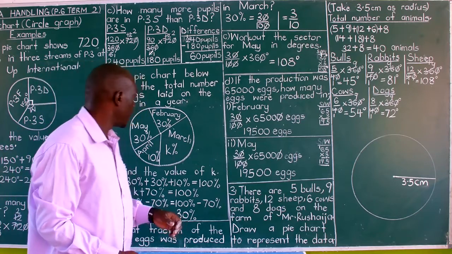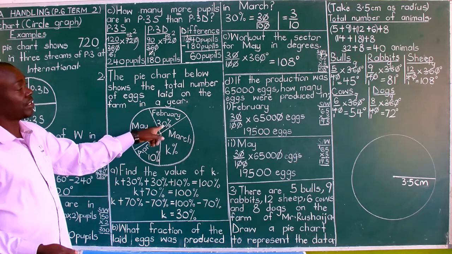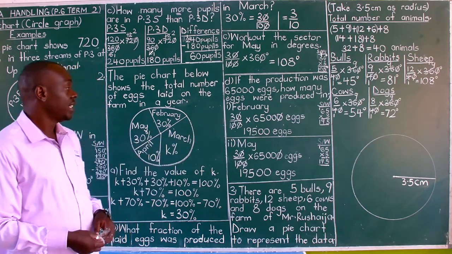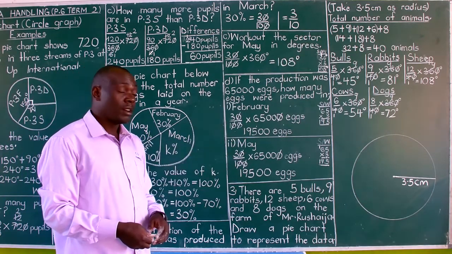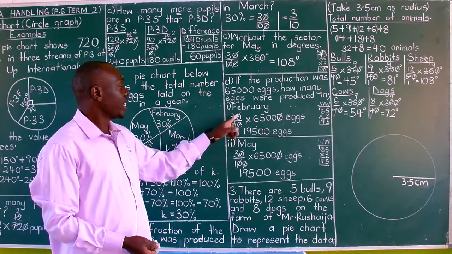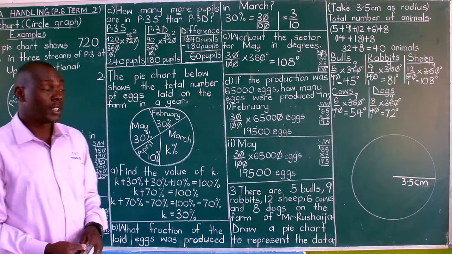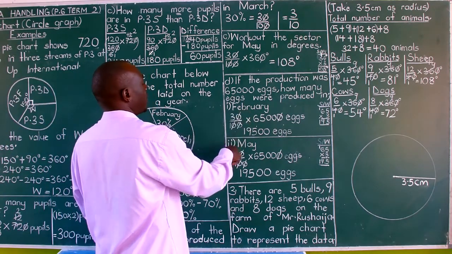So now, look at February. It also has 30%. With 30% can be written as 30 out of 100 in terms of fraction. So then multiplied by the number of eggs produced for all the displayed months. That's 30 out of 100 times 65,000 eggs. Then do the cancellation by 10 by 10.